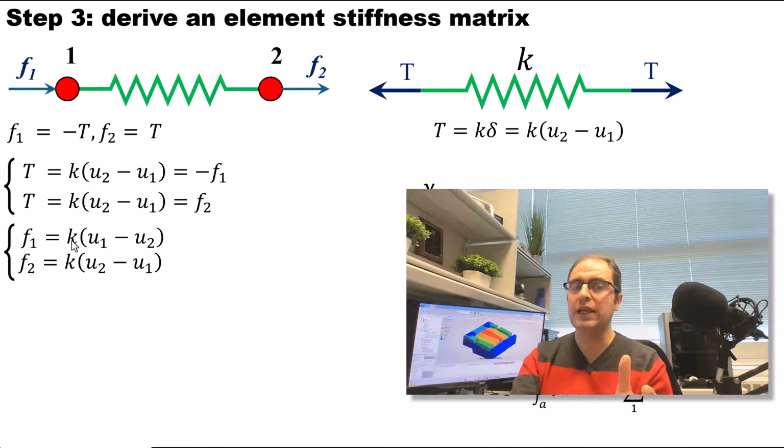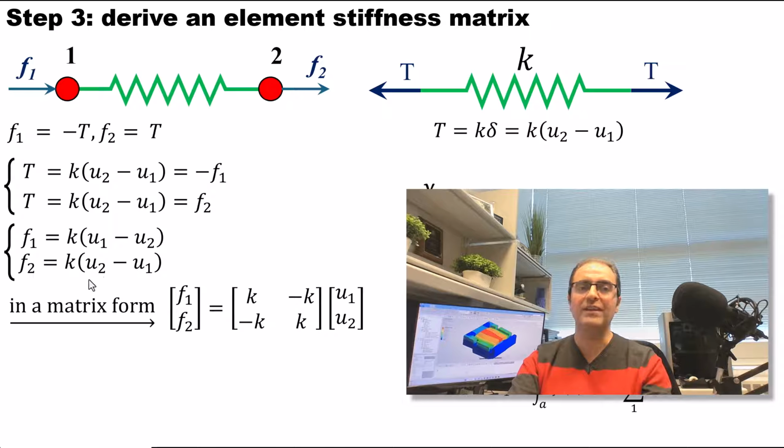F1 is equal to k (u1 minus u2), F2 is equal to k (u2 minus u1). As I told you before, we want to write everything in finite element in a matrix form. So in a matrix form, these two equations are shown as this one. As you can see, if you multiply this matrix by u1 and u2, you will get these two equations. This is also a very important thing.